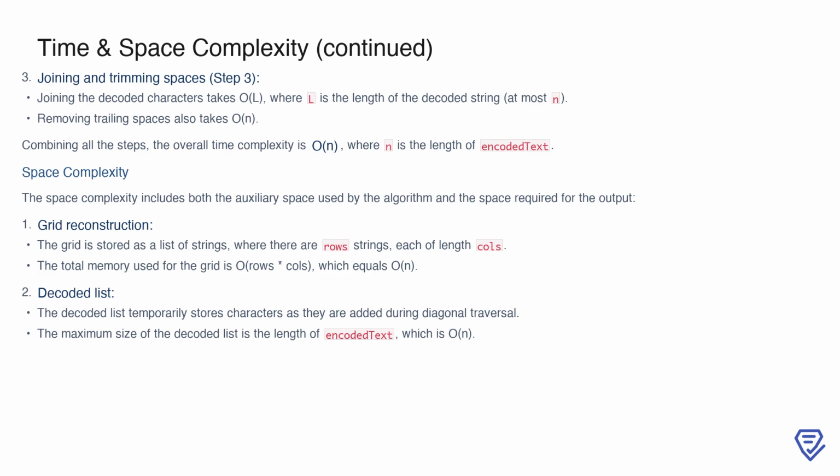Now, considering space complexity, the grid reconstruction step involves storing the grid as a list of strings. Since there are rows strings, each of length cols, the total memory used is O(rows * cols), which equals O(n). Additionally, during the diagonal traversal, we maintain a decoded list to temporarily store characters, and its size is also at most O(n).